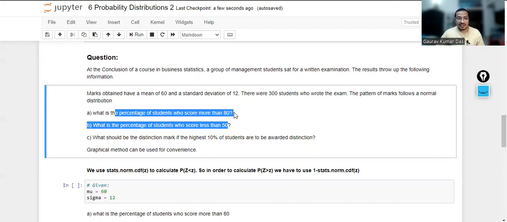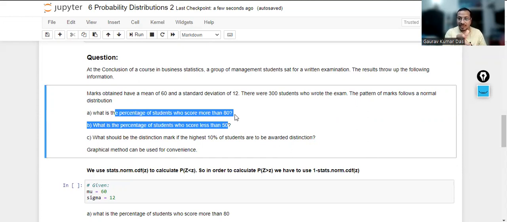P of X greater than 80, P of X less than 50, whatever it is. But the third question, what should be the distinction mark if the highest 10% of students are to be awarded distinction, is where you are asked for the Z value or the X value, the marks, given the probability.